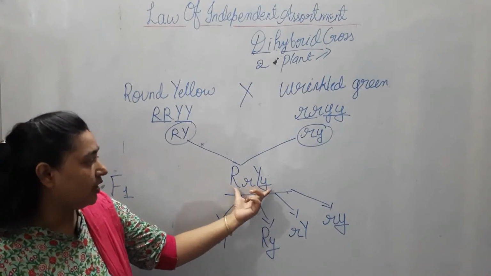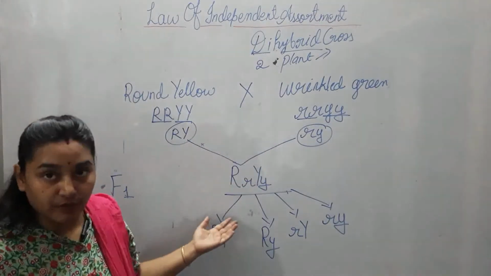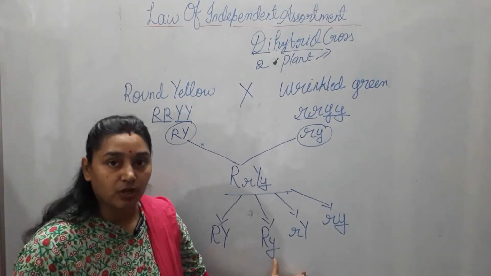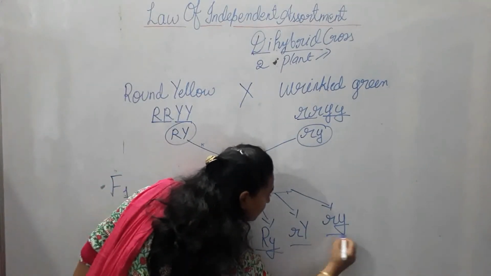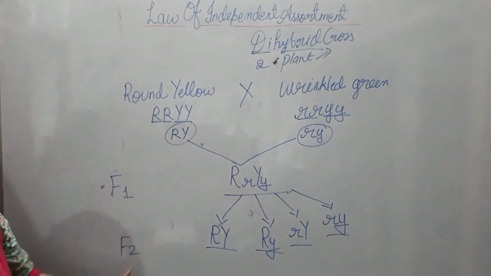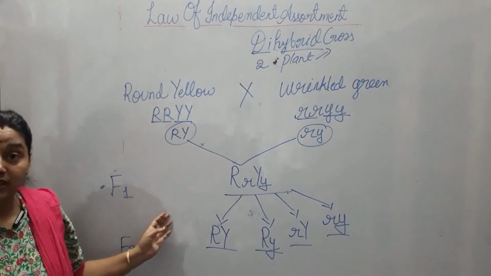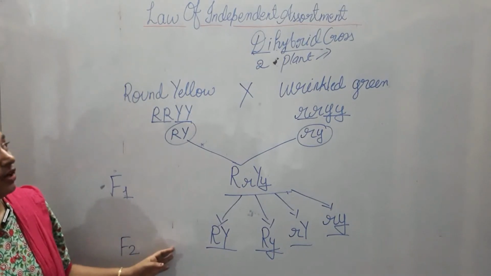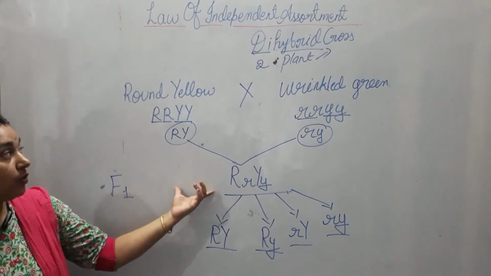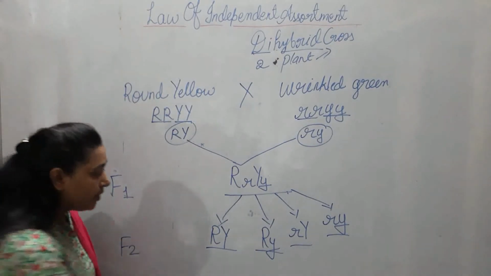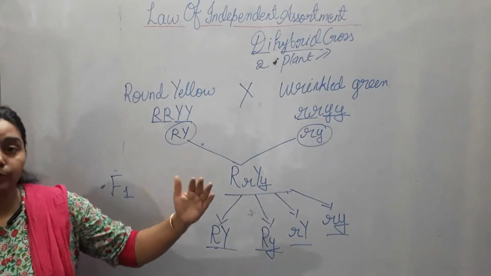These were the four gametes he found. In the same way, if you expand it like this, you can see the same result comes. In the F2 generation, almost all the characters express themselves, because in F1 all were round and yellow, but in F2, because of the segregation of these gametes, he found that all the progenies are different.